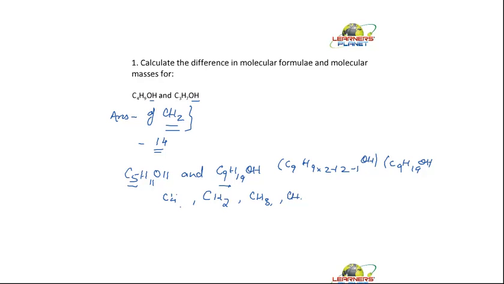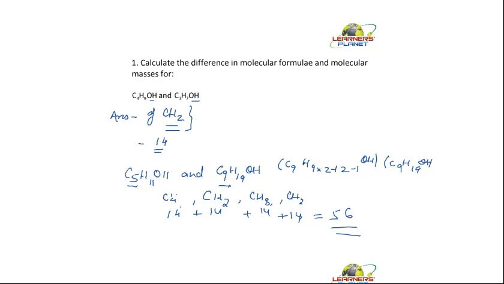So how many CH2s are different here, students? There are 4 CH2s. So what should be the difference in their molecular masses? 14 plus 14 plus 14 plus 14. How much should it be? 4 plus 4 is 8, 8 plus 4 is 12, 12 plus 4 should be 16, and 1, 2, 3, 4, 5.